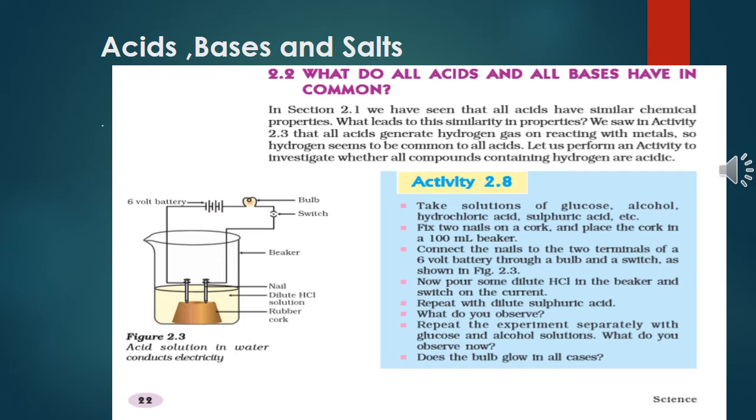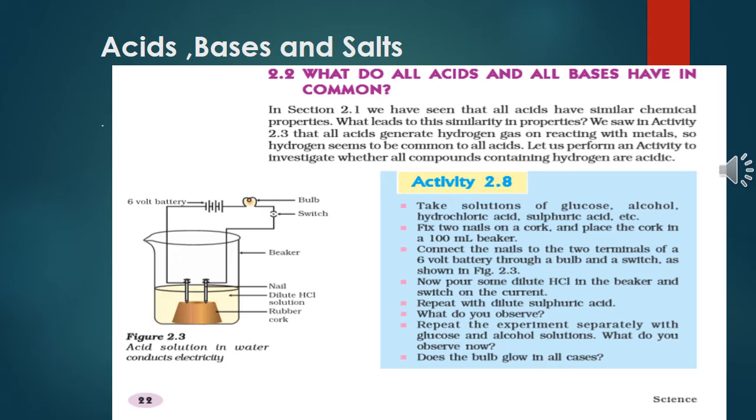Students, remember I told you that when hydrogen ions form after dissolving anything in water, then we can say this is an acid. And when we dissolve anything and hydroxide ions form, then we can say it is a base.